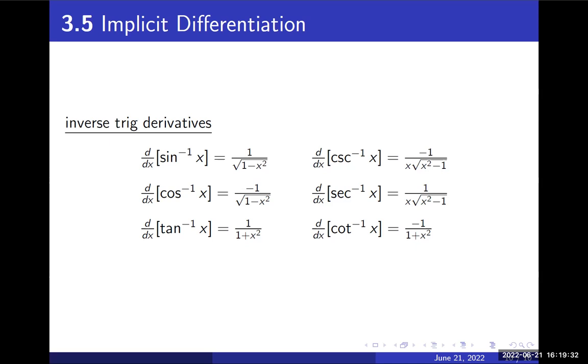The derivative of arc tangent x, or inverse tangent x, that one doesn't have a square root. That's pretty sweet: 1 over 1 plus x squared. Inverse cosecant x, -1 over x square root x squared minus 1. Inverse secant x, +1 over x square root x squared minus 1. And inverse cotangent x, -1 over 1 plus x squared.